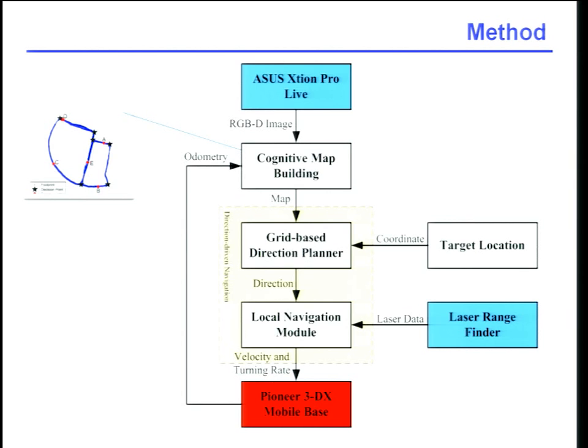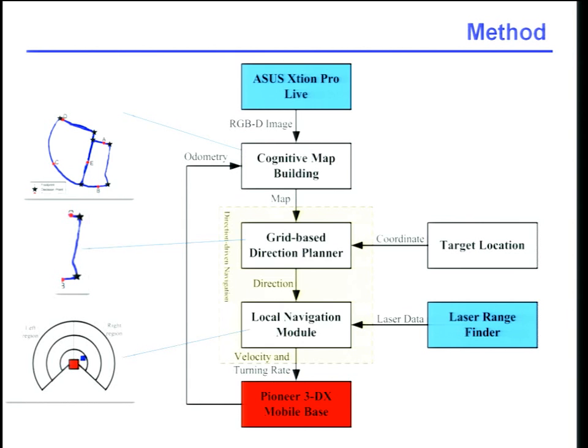When similar scenes are encountered by the robot, the 2 experiences are considered the same, and a loop closure is performed. The direction planner extracts a path from the map and calculates the direction based on the current and the target locations. And lastly, the local navigation module takes care of avoiding obstacles, aligning the robot to the middle of a passageway, and also preventing the robot from entering dead corners.